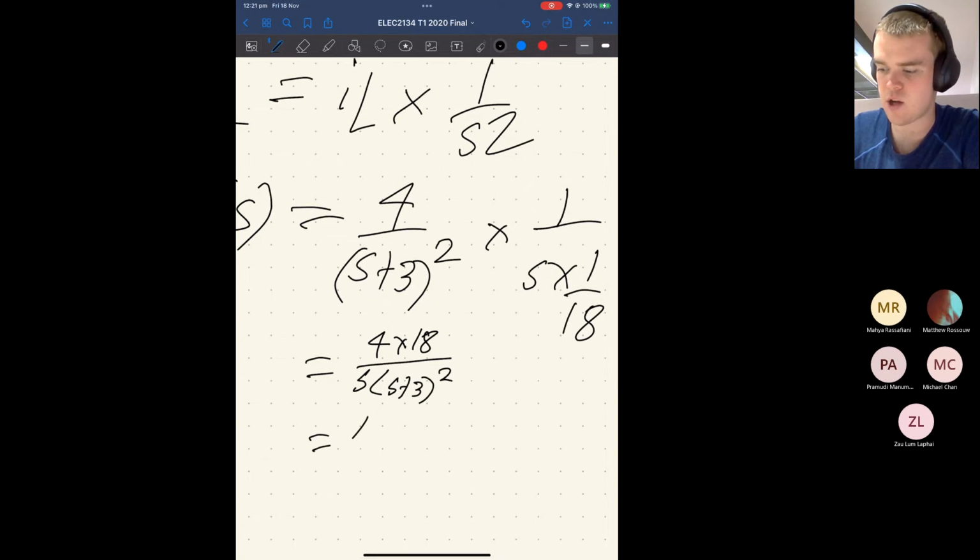And we could probably see where this is going. So A on S plus B on S plus 3 plus C on S plus 3 squared.